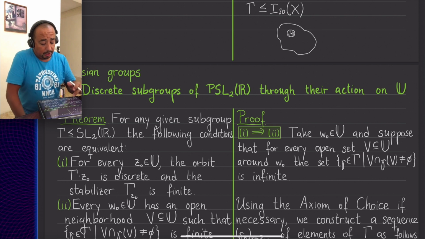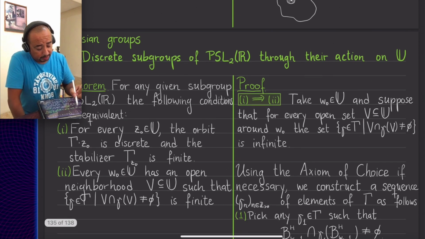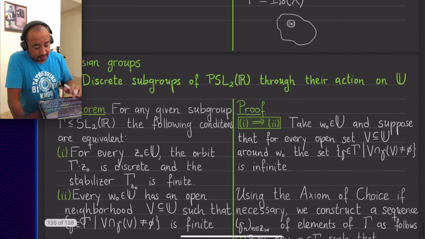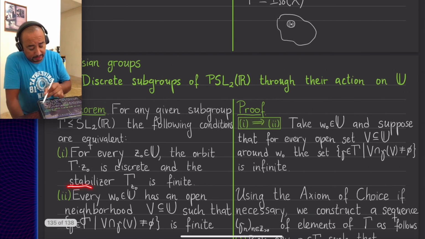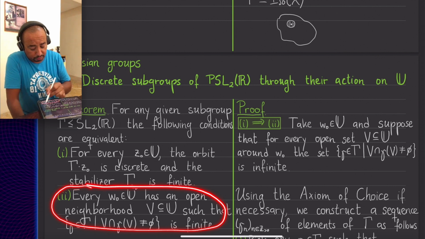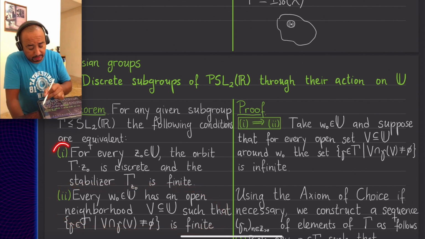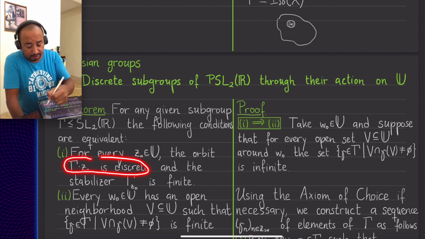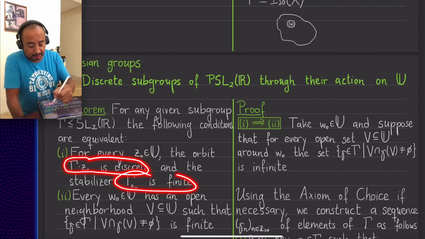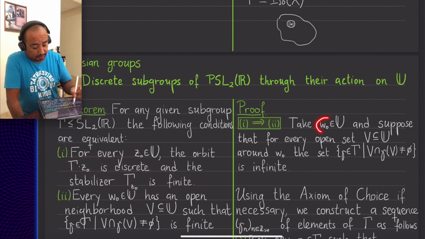Anyway, so take an element in U, and suppose that this is not true, that 2 is not true. So I'm going to show that then 1 is not true. I mean, I'm going to show that if 2 doesn't hold, then it cannot happen simultaneously that the orbit is discrete and the stabilizer is finite, for a given element.